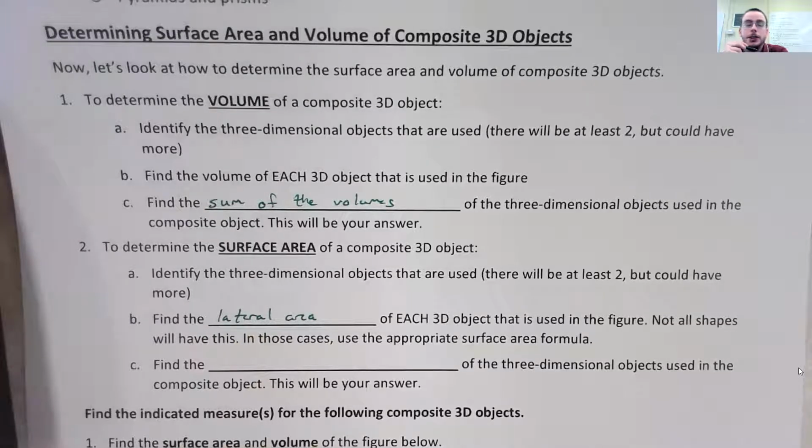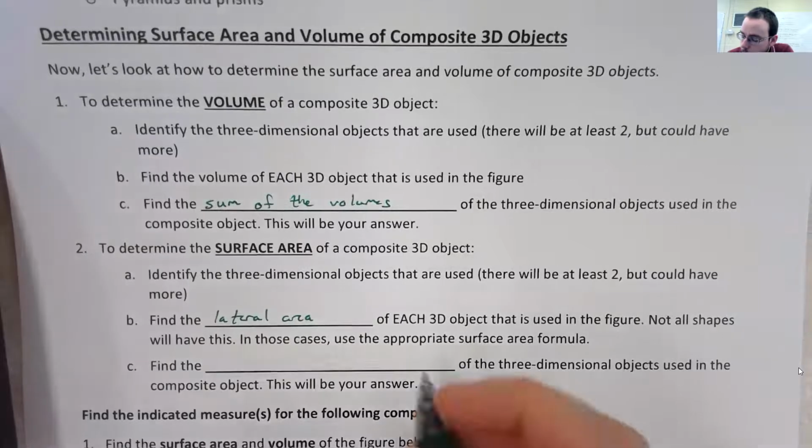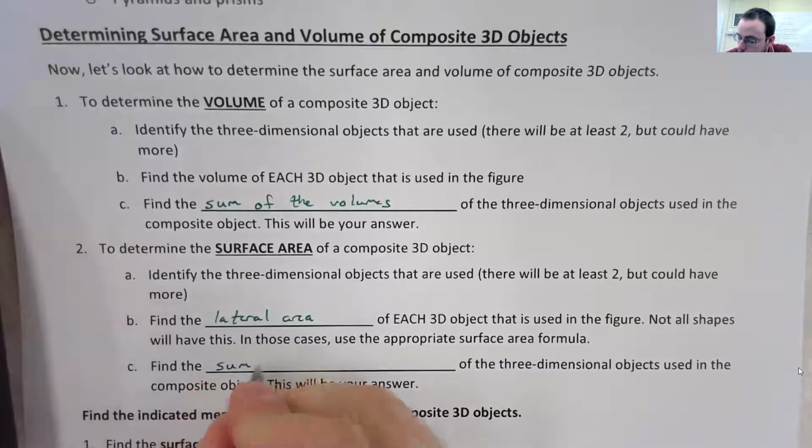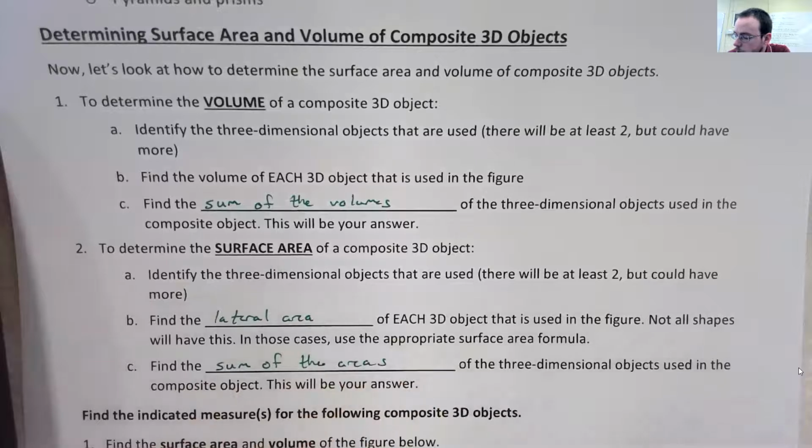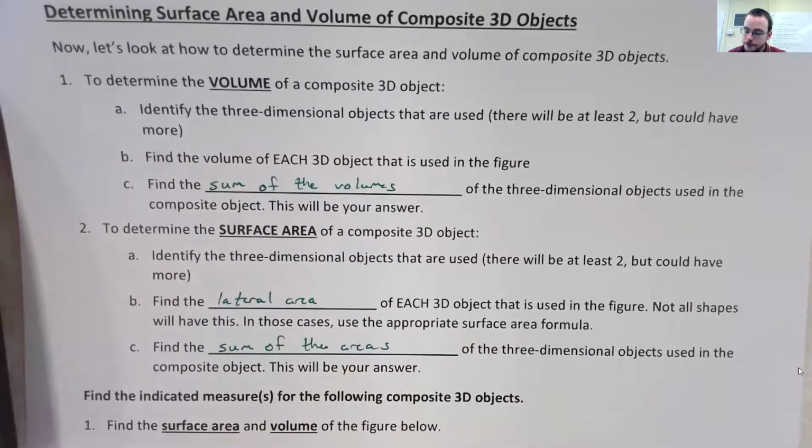For instance, a sphere does not have a lateral area, so you would simply use the surface area formula for that one. And if it's a hemisphere, you would have to cut it in half. Then after you find the lateral area or surface area, you find the sum of the areas of the 3D objects used, and that will be your answer.